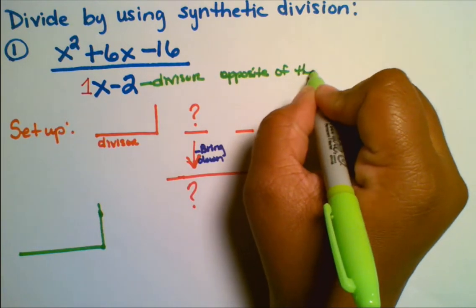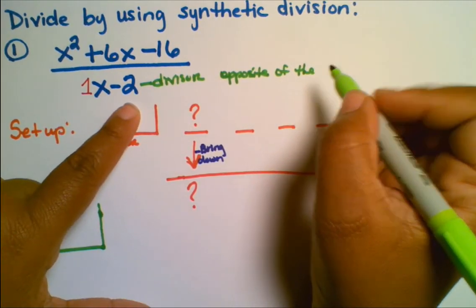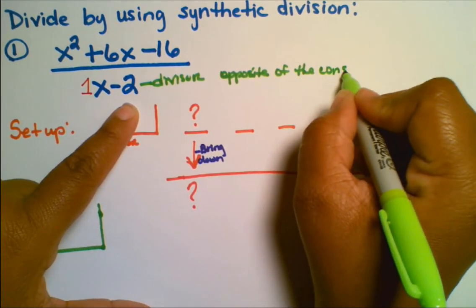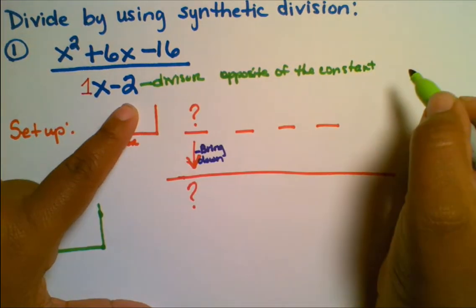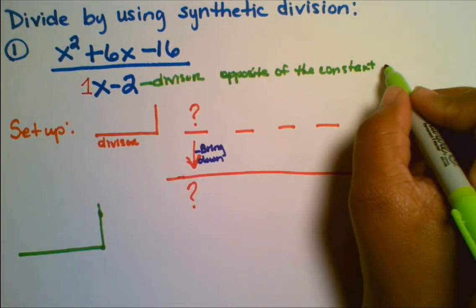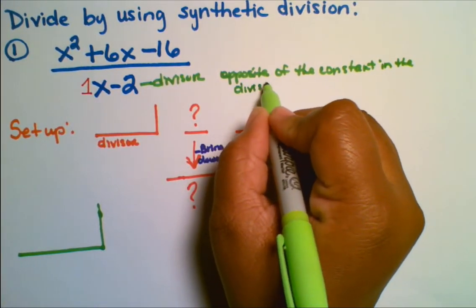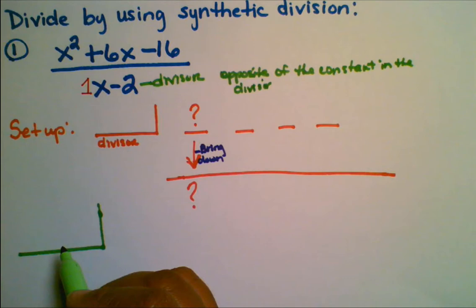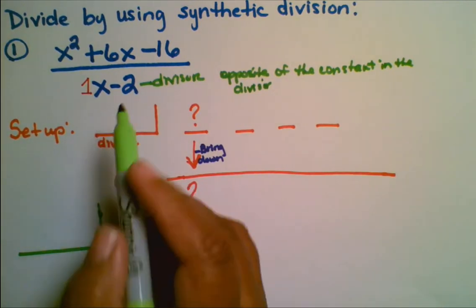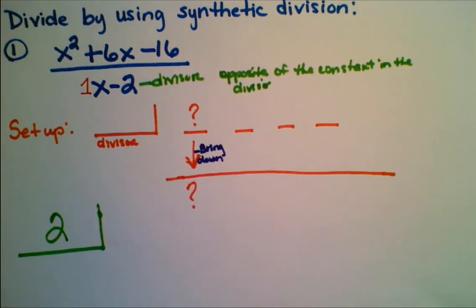Constant means number, the number that's there. Take the opposite in the divisor. So the opposite of -2 would be +2.